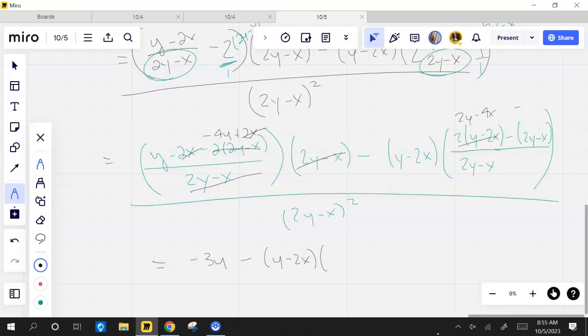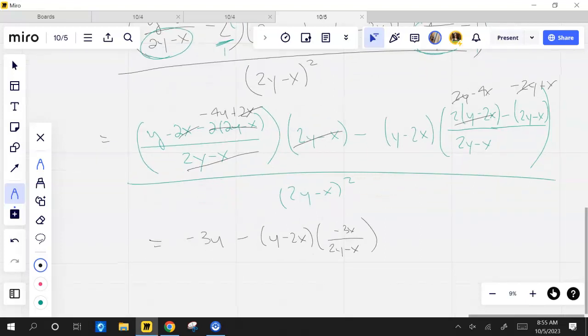I think I'm doing way too much for this. The 2y's cancel. Negative 3x over 2y minus x. It's looking better.